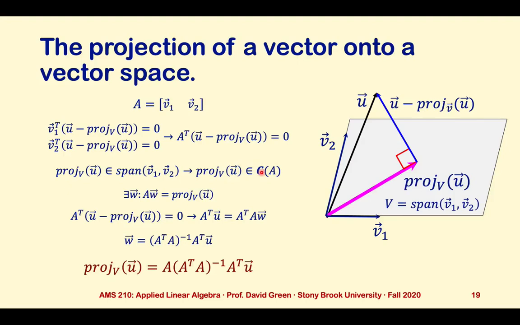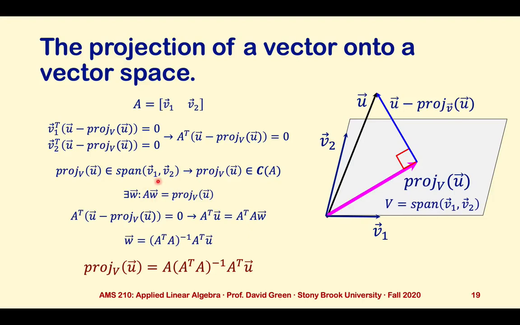Because we know what a column space means. A column space of a matrix is the set of right-hand sides that have a solution. If the projection of U onto V is part of the column space, then there must be some vector W. We don't know what it is, but we know that it exists, such that A times W equals this projection. That is, the projection is a valid right-hand side for AW equals B.